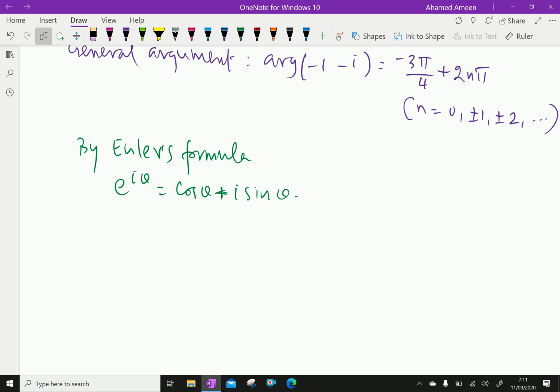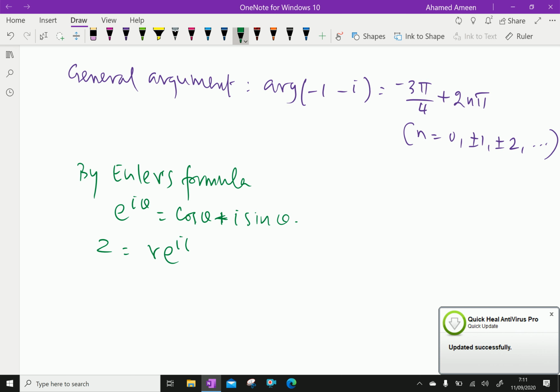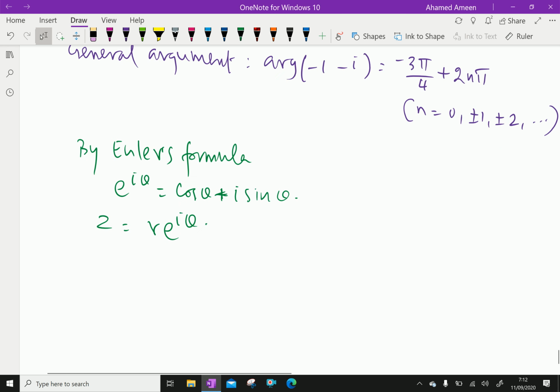Therefore, from Euler's formula, any complex number z can be written as r into e power i theta, where r is the modulus and theta is the argument.